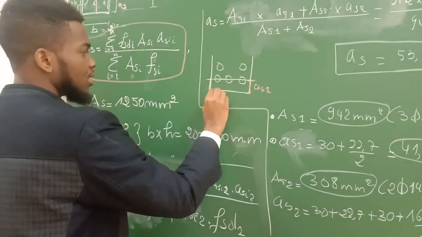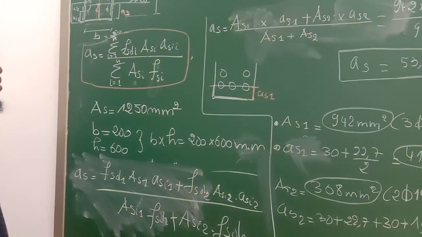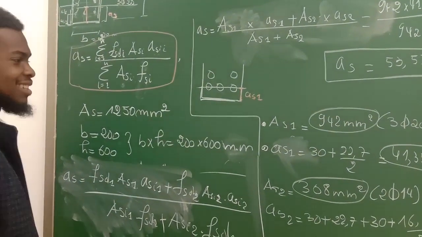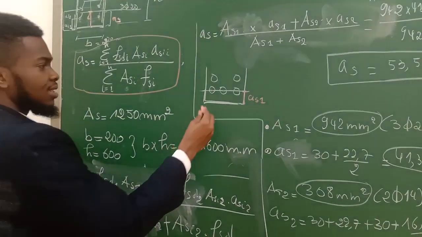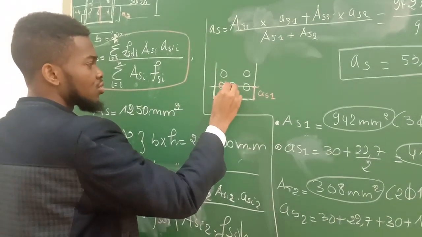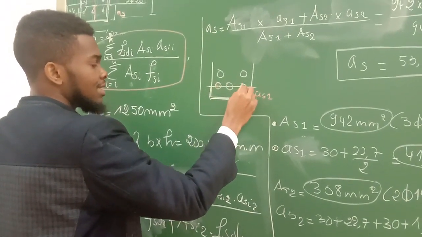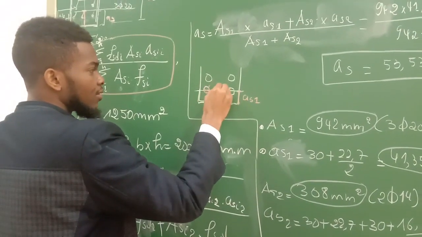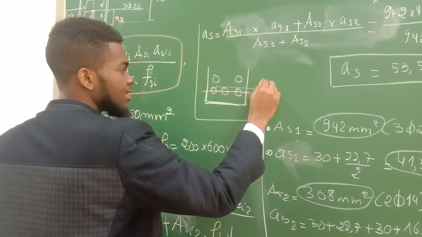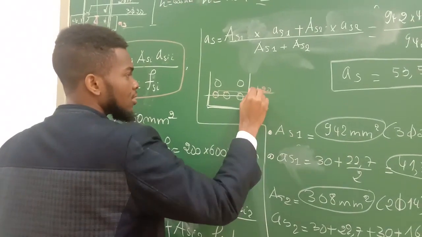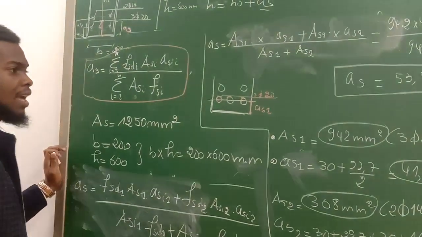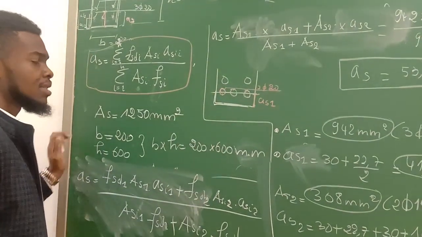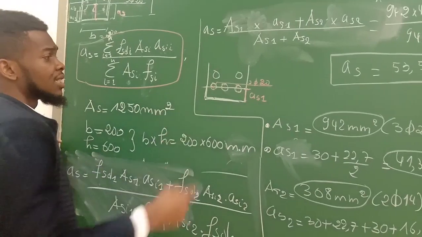And there are methods in geometrical mechanics that we can use, but here the value is already given to us. We know that for those three steel bars the diameter is 20, so surely the middle can be 10.